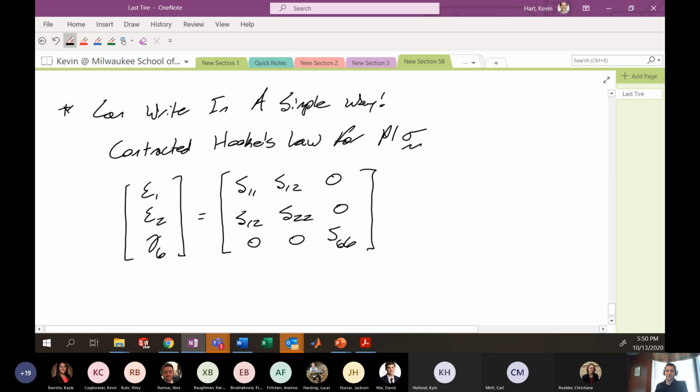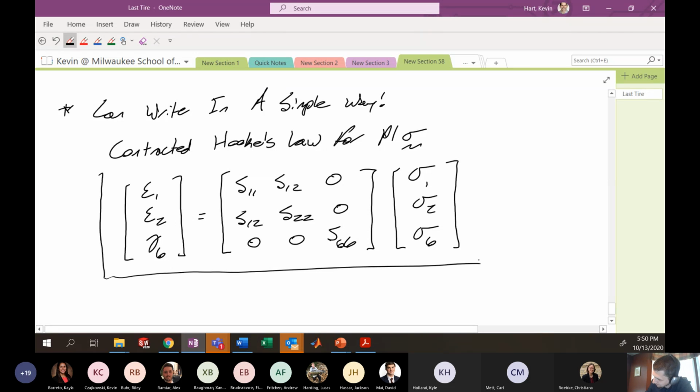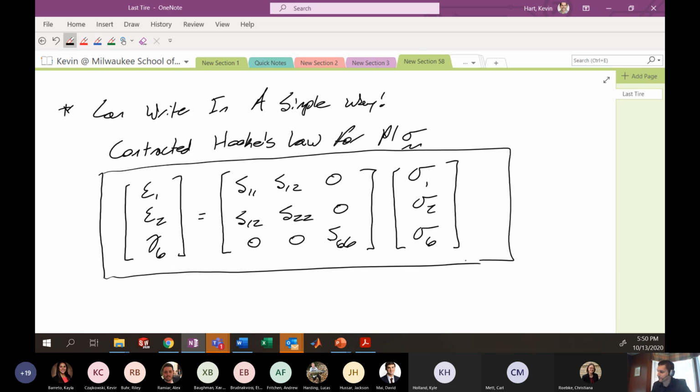It looks a little strange because this is a 3 by 3, but we understand that we're taking that gigantic 6 by 6 matrix and condensing it down to this 3 by 3 matrix. So this is your contracted representation of Hooke's law for plane stress.